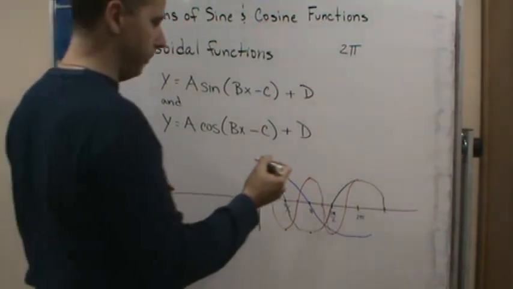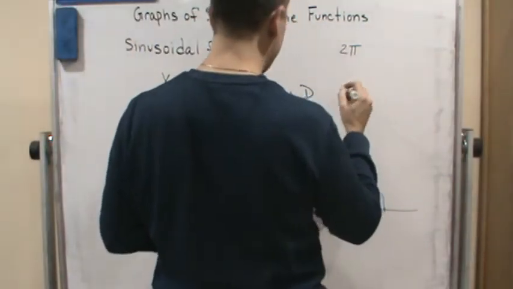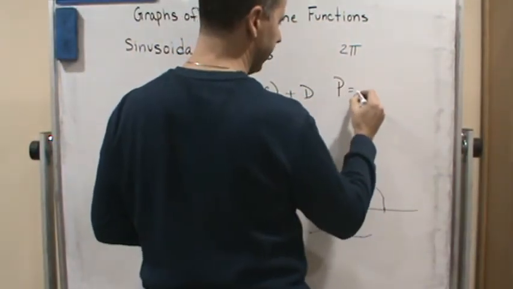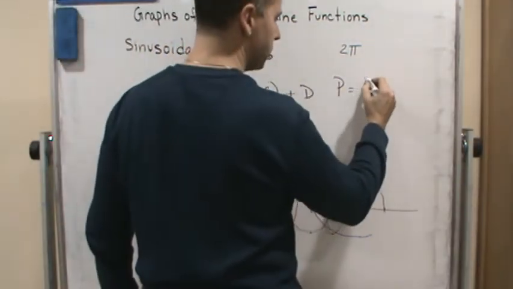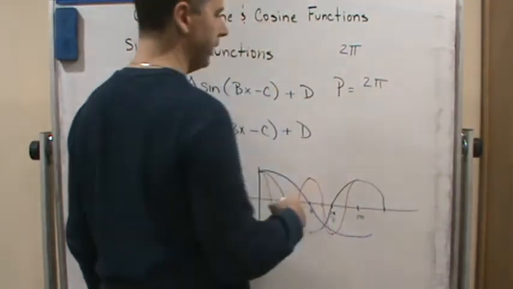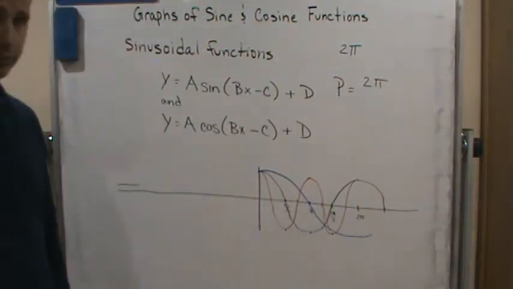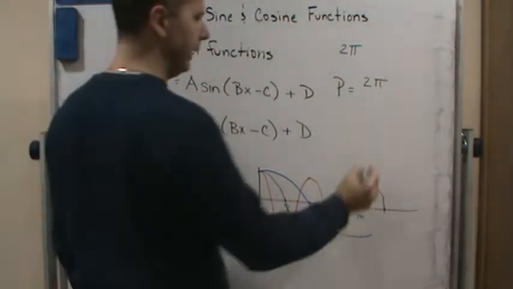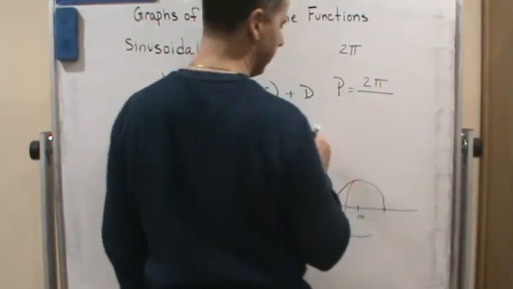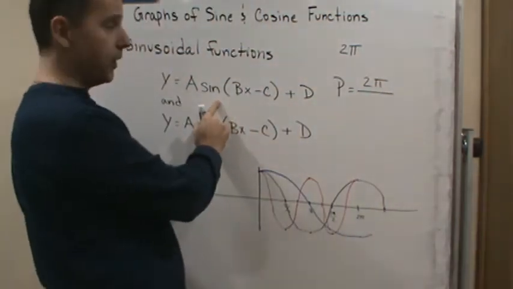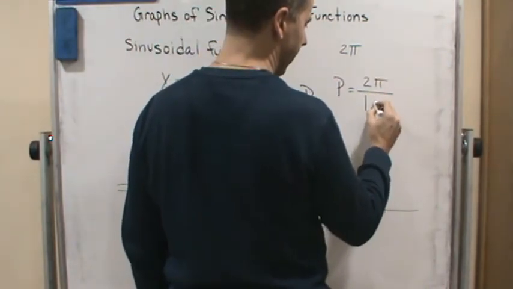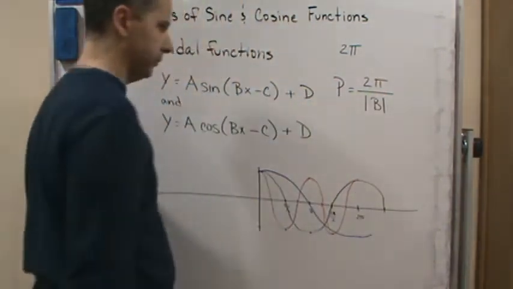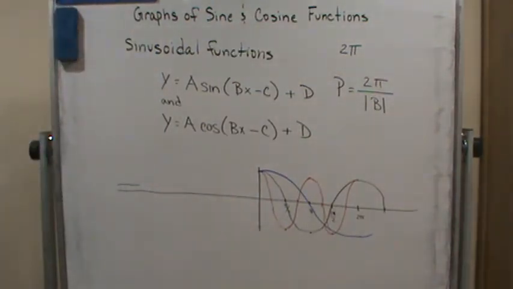And by the way, B is represented by the period, because what we're going to do is take 2 pi, which is the period if B was 1. The period of the general sinusoidal function is going to be 2 pi divided by the absolute value of B. And that determines the period.